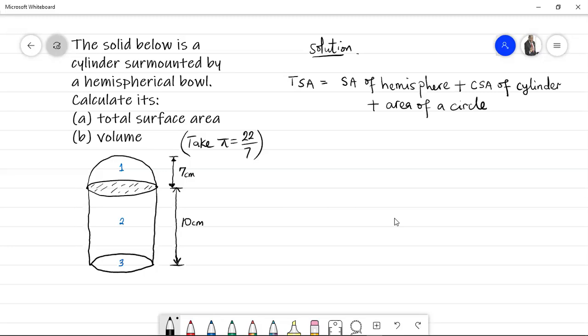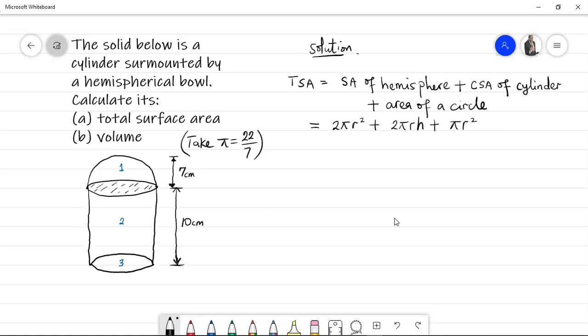So if we want to quickly account for the formulas that we need to use, of course, the surface area of a hemisphere, check your formulas, is 2 pi r squared. The curved surface area of a cylinder is 2 pi rh, while the area of a circle is pi r squared.